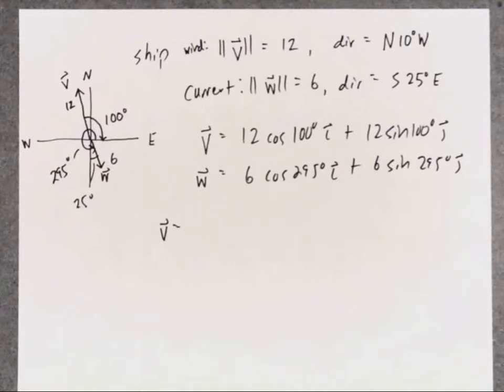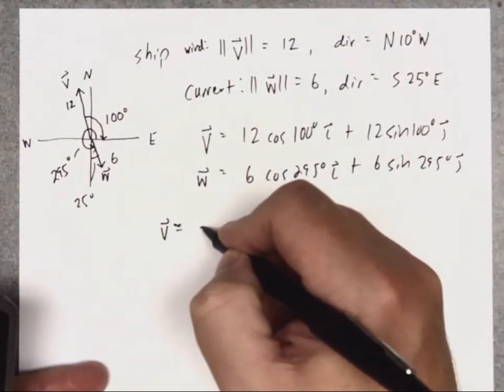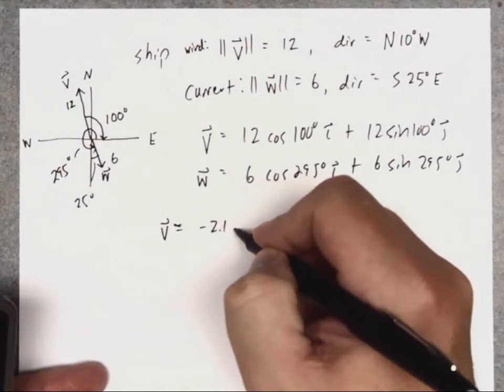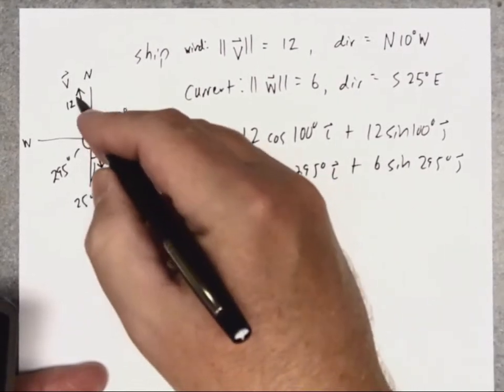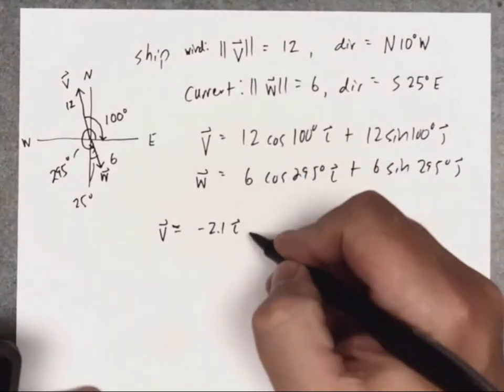12 times the cosine of 100, negative 2.1. Makes sense because you can see that V vector is a little bit in the second quadrant. And then sine of 100 times 12, 11.8.